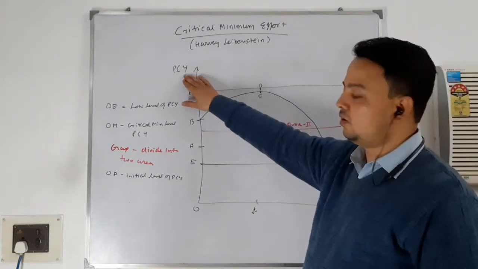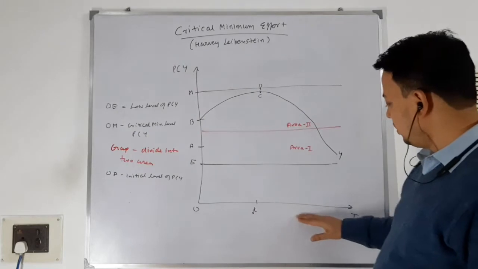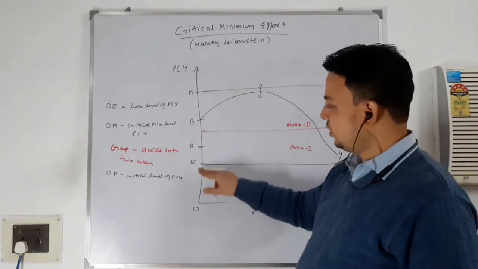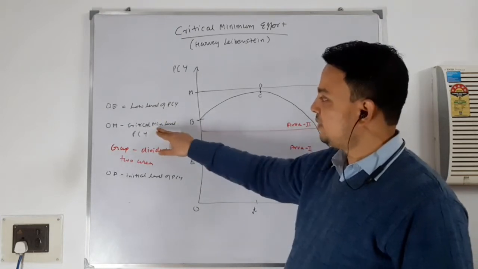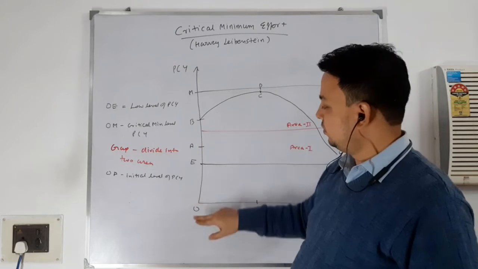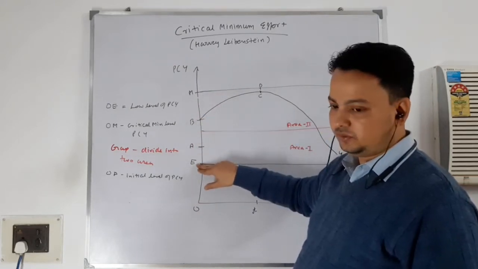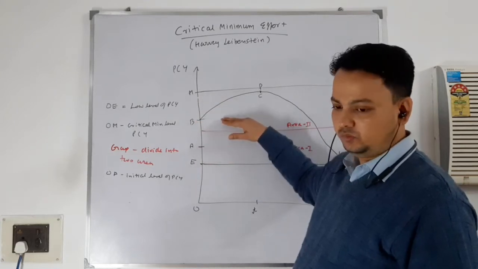On the vertical axis, I have taken per capita income. On the horizontal axis, I have taken time. This is the normal level of income OE, the normal level of per capita income. Then OM is my critical minimum level of per capita income. This gap ME, I divide into two areas, area 1 and area 2.